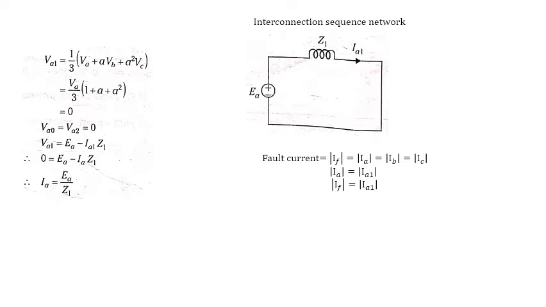It can be observed from the circuit, which is similar to the steady state model of the synchronous machine, neglecting armature resistance, that the positive sequence impedance of the machine is equal to the synchronous reactance, that is Z1 is equal to XS.